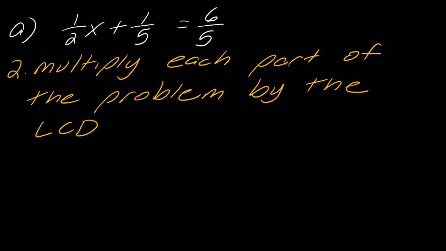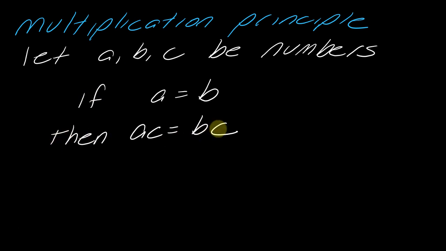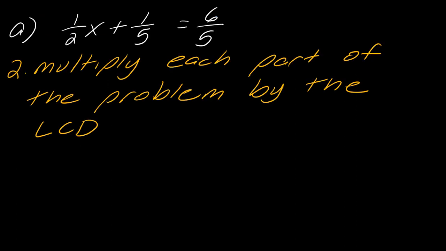So in this example, by multiplying every part of the problem by the same thing, we're really just using this principle. Just do the same thing to everything in the problem, on both sides, and you'll be good. So let me show you how to set this up. Remember, our LCD was 10, so I'm just going to write it in green over here.